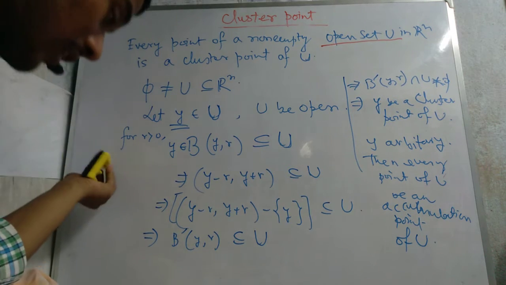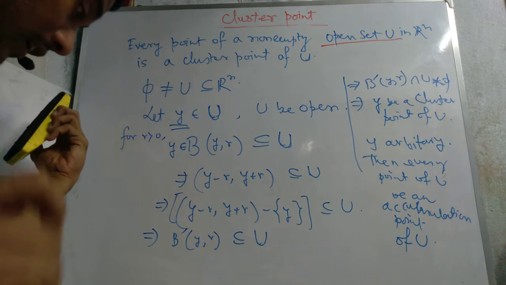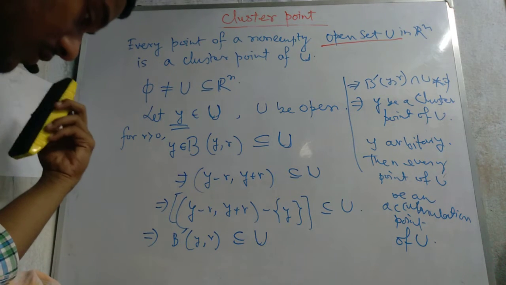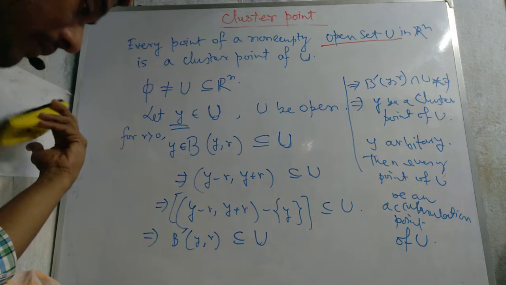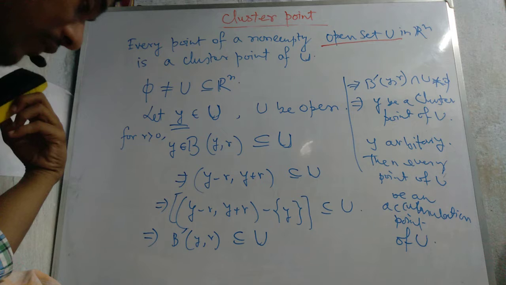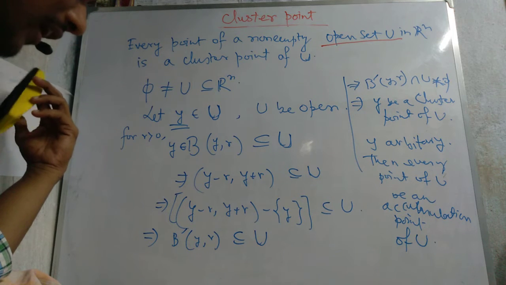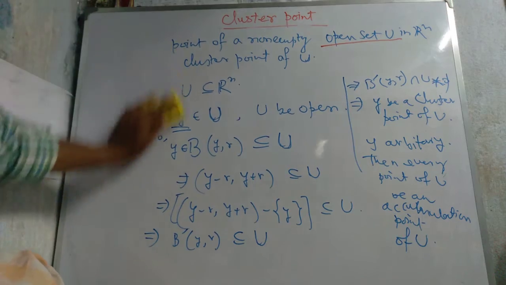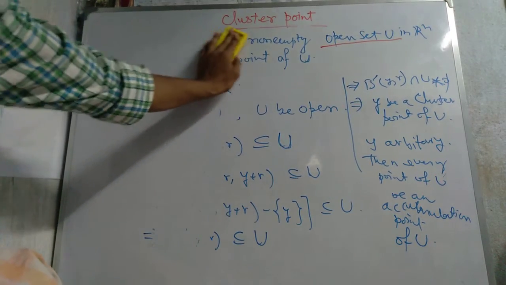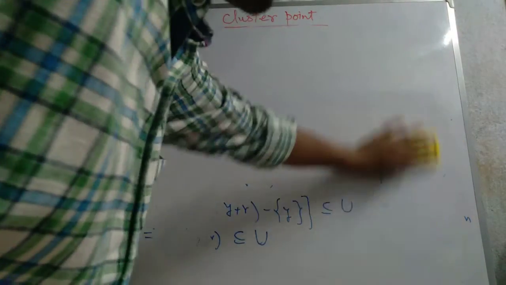Now we're going to further discuss one important question. If A is a subset of a metric space X, then x belonging to X is a cluster point if and only if every open set containing x contains infinitely many points of it. We discuss this problem now. We write this problem first.